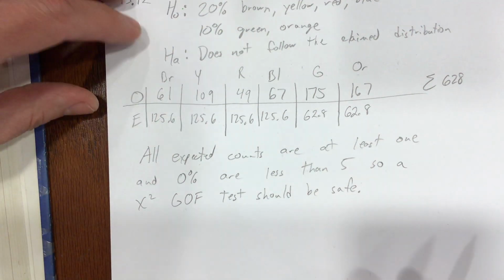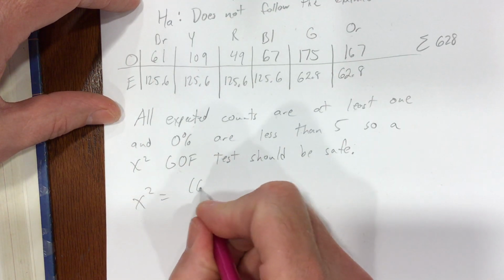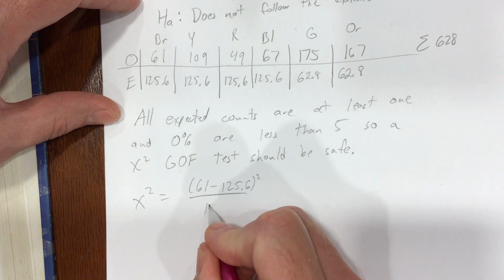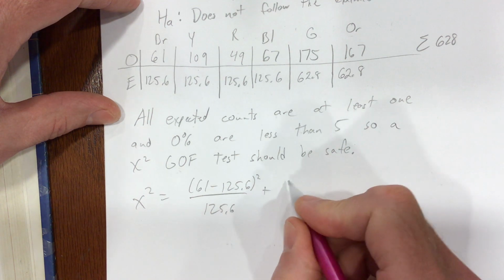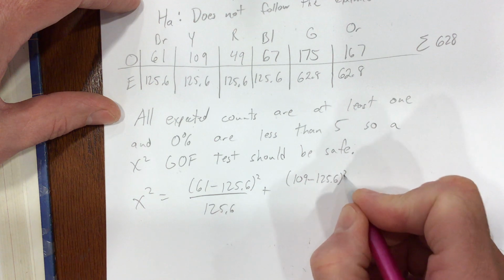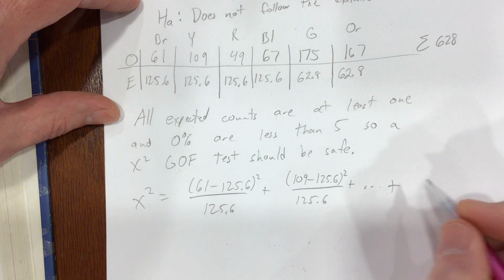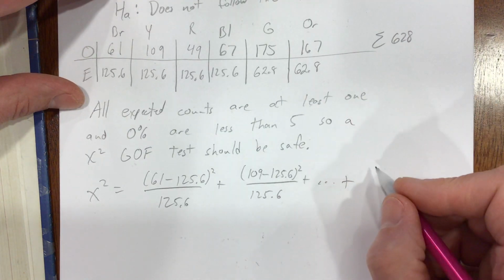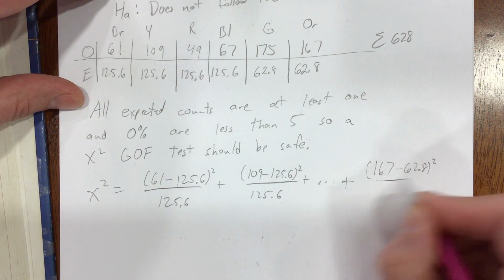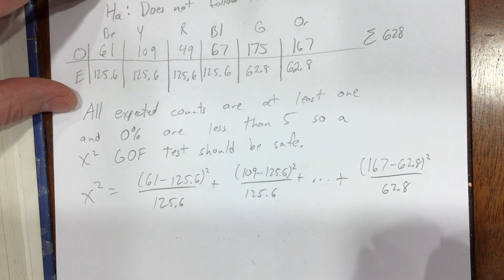All right, now for our work. Our chi-square is going to be observed minus expected, squared, over expected, plus the next one. And all the way out to our last, and this one is 167 minus 62.8 squared over 62.8. So you can see, yeah, we're going to get a small p-value here.